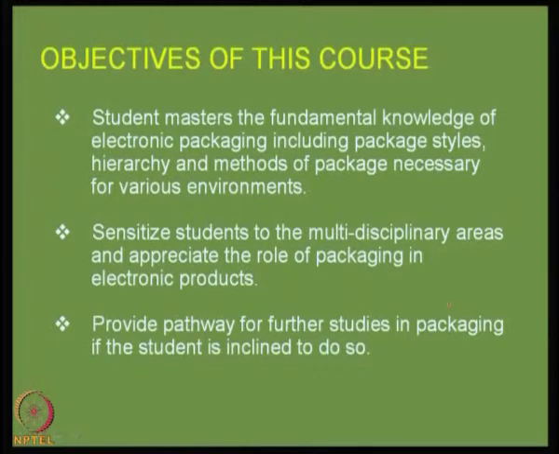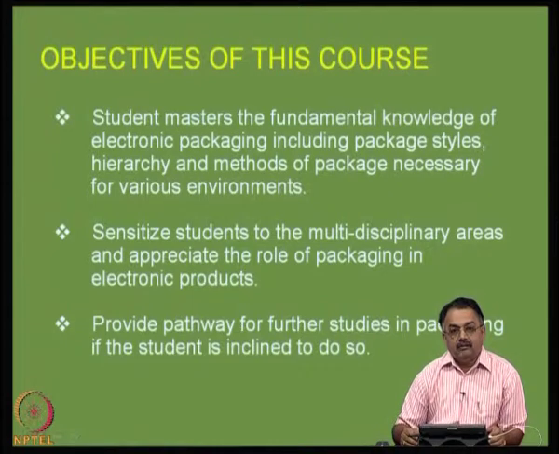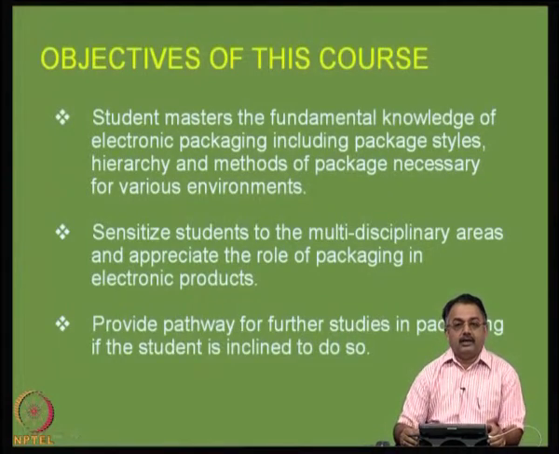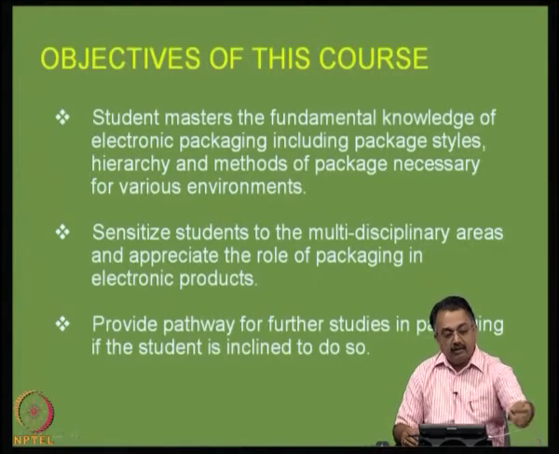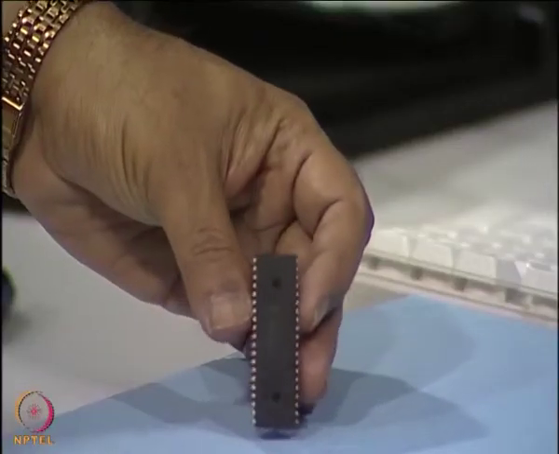So, the objective of this course, as you will see now, is that the viewer or the student will master the fundamental knowledge of electronics packaging, including package styles. For example, this is an IC, you can see here a very old device.